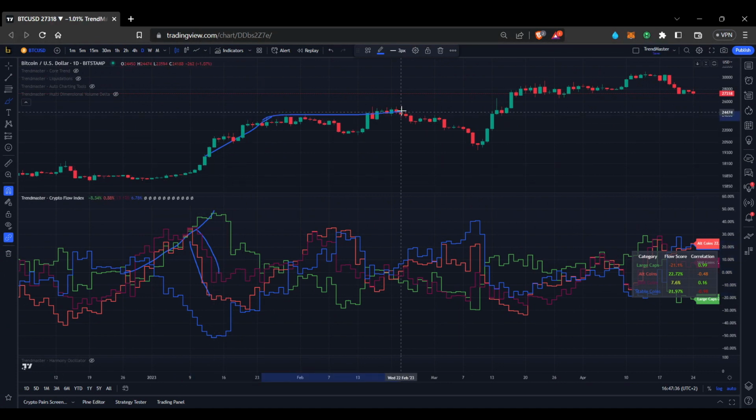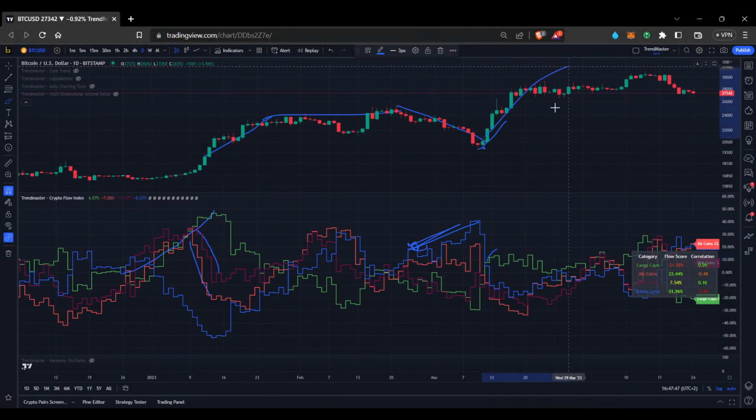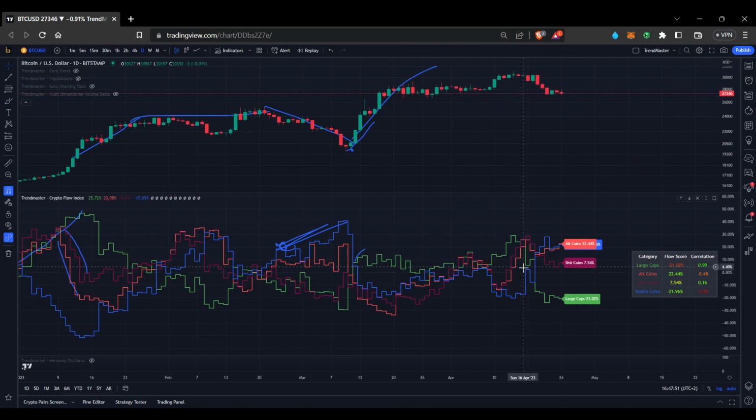And then as we've gone sideways chop, as soon as this stable score gets the highest, we see the downwards move start taking place. And then almost exactly on the bottom, we see large caps become the highest score again. And boom, it kicks off a 10k move to the upside before, as we saw again later in the cycle, altcoins and then shitcoins not long after taking the highest point, because everyone's just trying to maximize their gains at the tail end of the move.